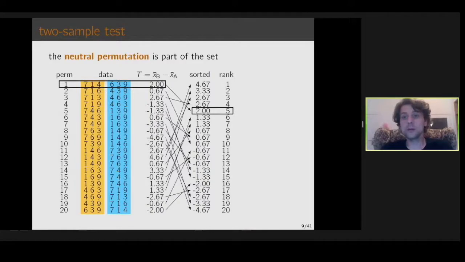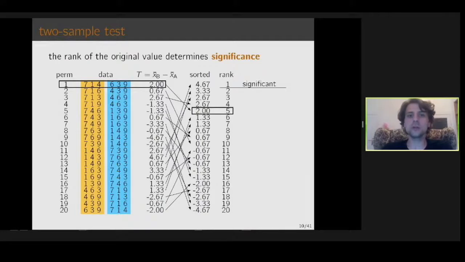The original dataset, also referred to as the neutral permutation because it's being left unchanged, is of course part of the set and also has a rank. The rank of the original value determines statistical significance.